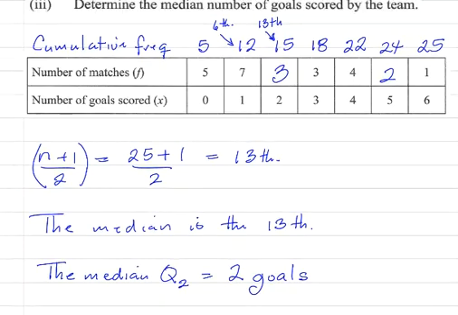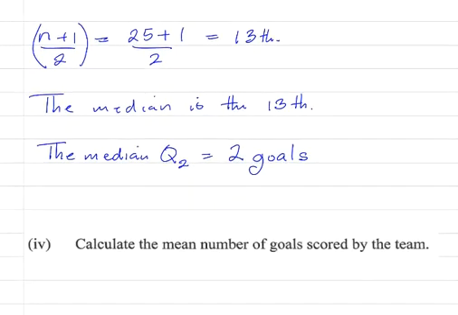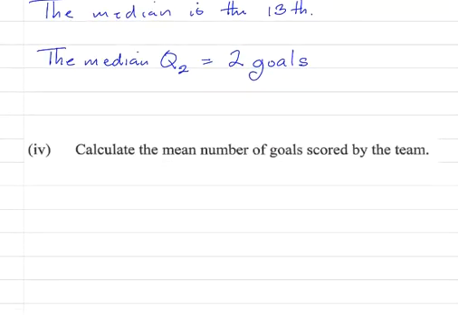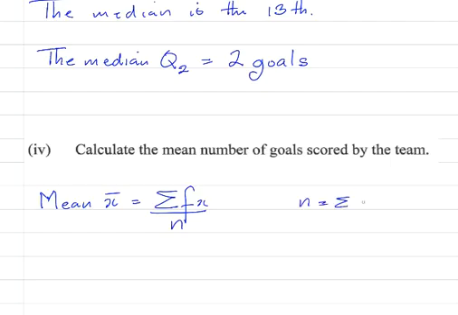Next we're asked to calculate the mean. When we have ungrouped data, like what we have here, the mean x bar is equal to the sum of fx divided by n, where n is the number of values, the sum of the frequencies, and we already know that that is 25.